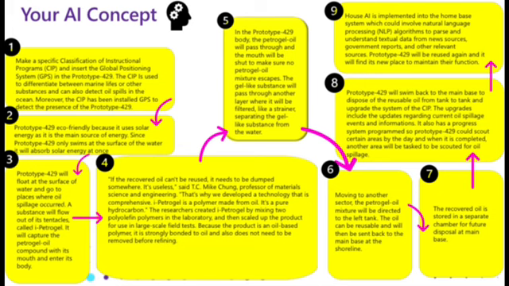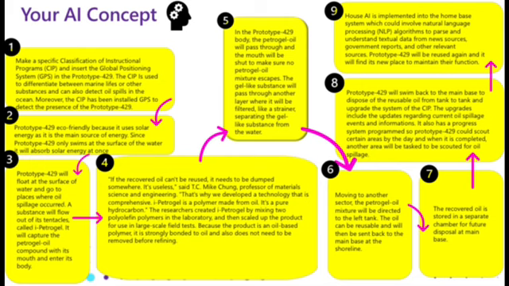Prototype 429 will swim back to the main base to dispose of the reusable oil from tank to tank and upgrade the system of the CIP. The upgrades include the updates regarding current oil spillage events and informations. It also has a progress system program so Prototype 429 could scout certain areas by the day, and when it is completed, another area will be tasked to be scouted for oil spillage.